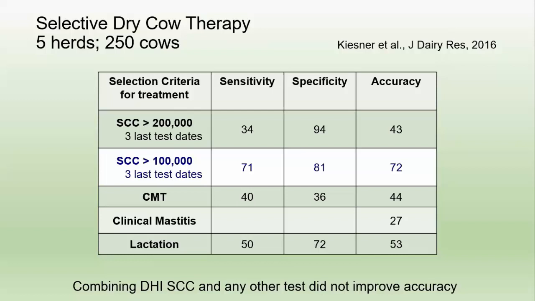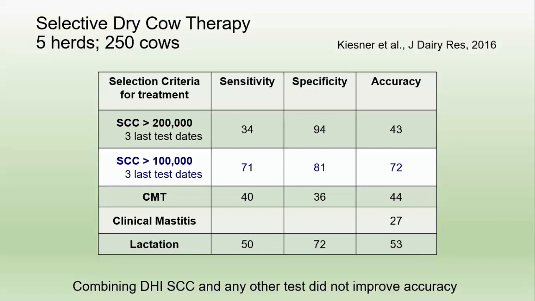The one that worked the best is highlighted in the blue font, in which cows that did not have a somatic cell count greater than 100,000 cells per ml for the last 3 test dates before drying off were deemed to be probably not infected, and this was used as a potential criteria to select these cows to not treat them. Conversely, all the cows over 100,000 would still be treated with dry cow therapy.